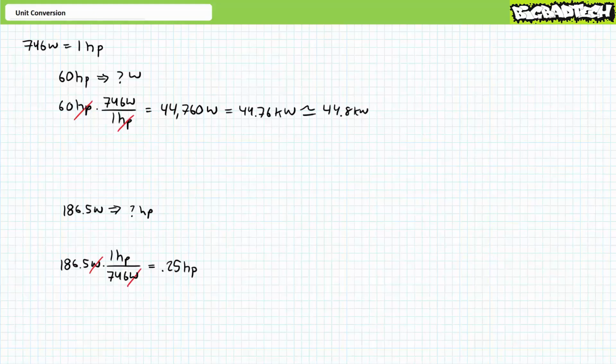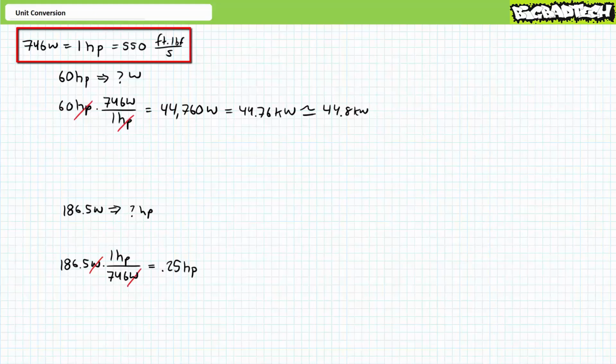While we're dealing with horsepower and watts, let's discuss multi-step unit conversion. As you are no doubt aware, 1 horsepower equals 746 watts. 1 horsepower also happens to equal 550 foot-pounds force per second in the U.S. customary system of units. Given a 186.5 watt motor, or a quarter horsepower motor, how much output in units of foot-pounds force per second can it produce?